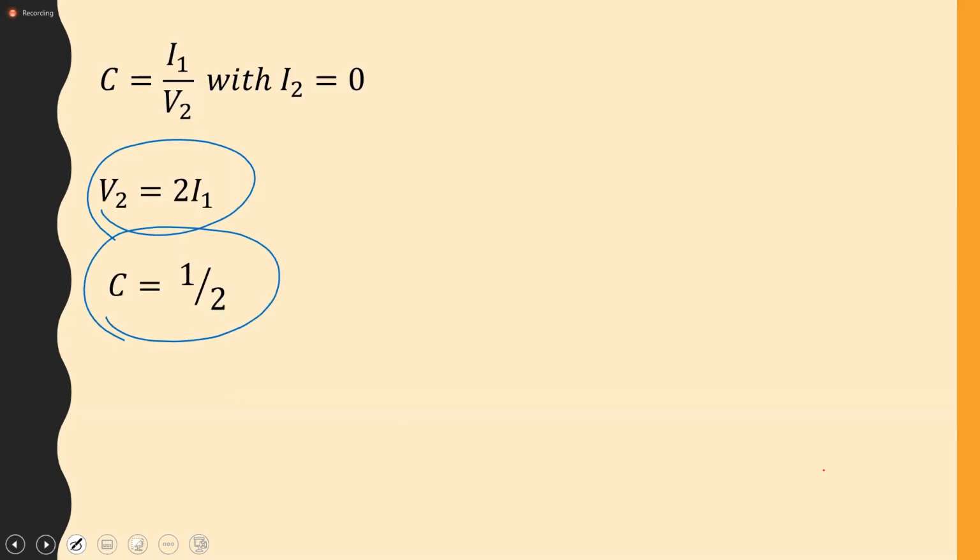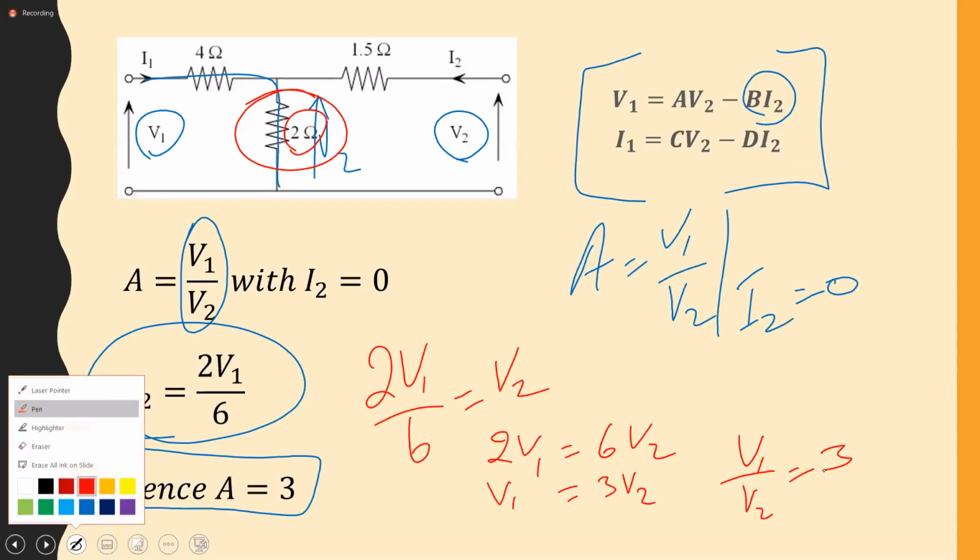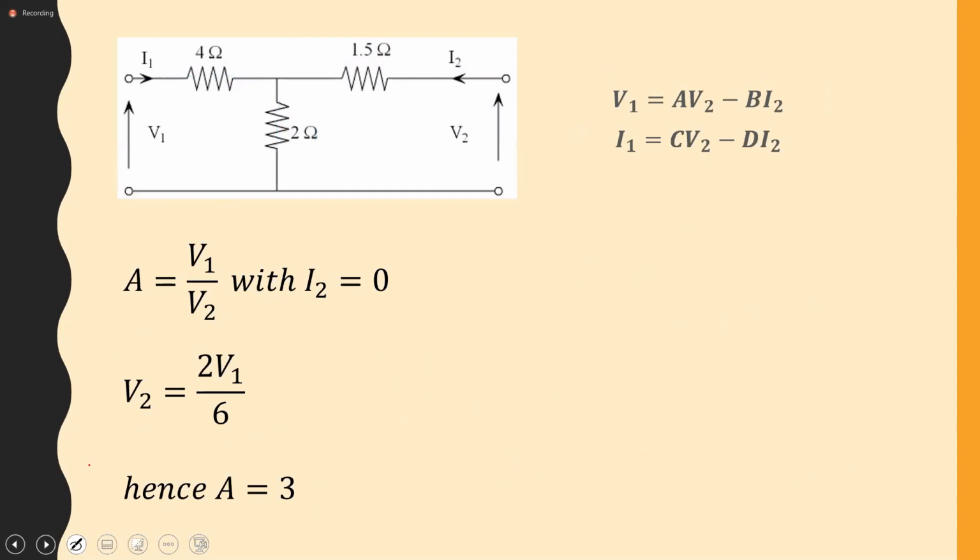For C, look at the circuit. If I2 is 0, then it is I1 over V2. What is the relationship between V2 and I1?